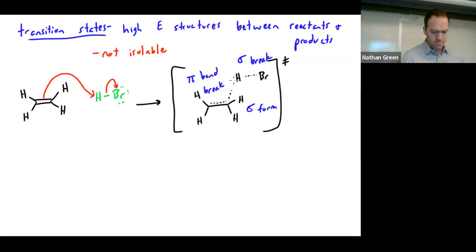As many of you mentioned earlier, the stability of the transition state is important because it controls the activation energy. Unstable transition states are really high energy, and that's the activation barrier we have to get over.